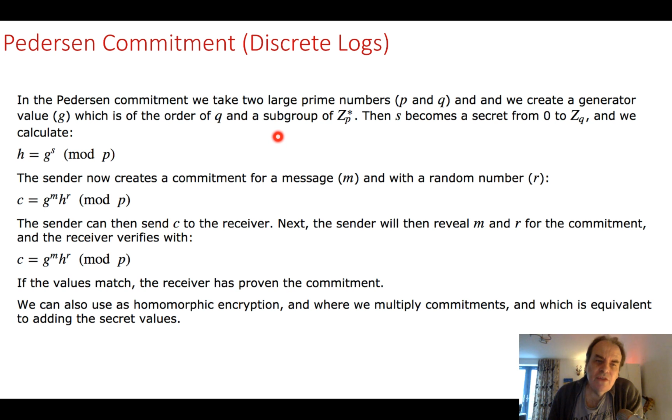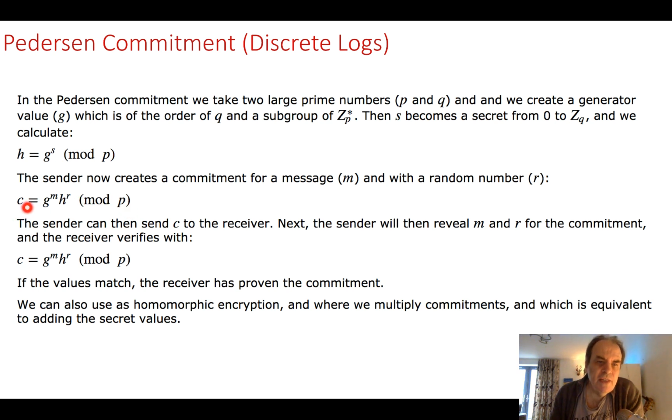So the public values that we have are P, Q, G, and H. And Bob can go ahead and publish those. Whoever is the sender then takes a message and a random number and calculates G to the power of the message, multiplies that by H, which we've just calculated, to the power of R, our random value, and then takes a mod P. This becomes the commitment.